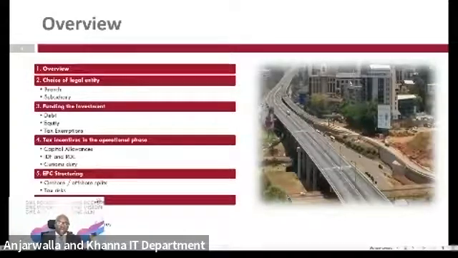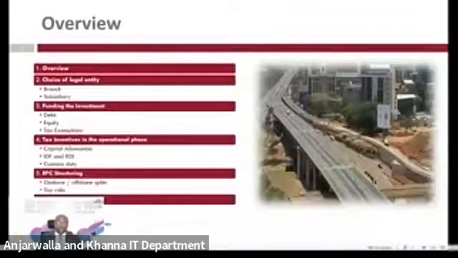We'll also look at how to structure EPC contracts and some of the tax risks that we usually come across, extraction and exit as well. So starting off with legal entity, which is the next slide.